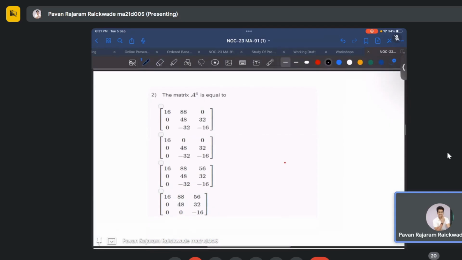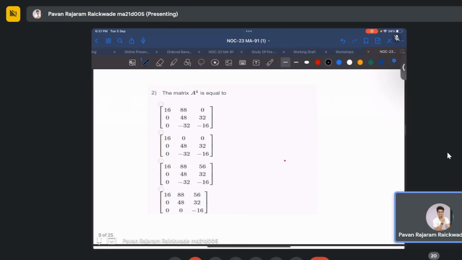So now we have to calculate A raised to 4, which is a very dumb question, because more naturally you can just do the multiplication and find A raised to 4.